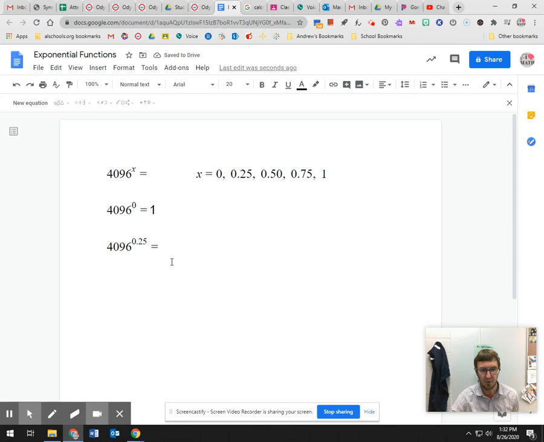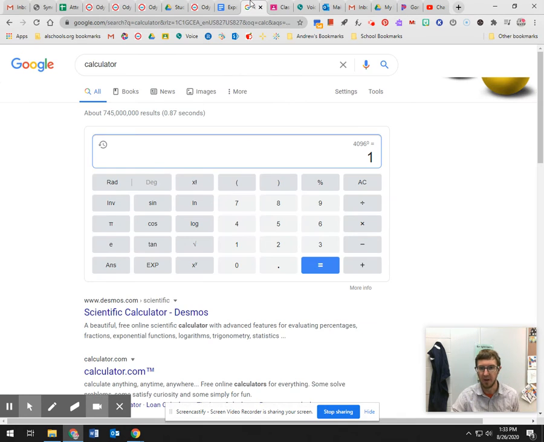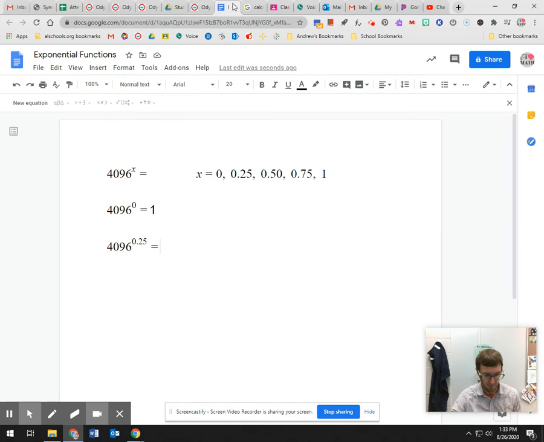And in your Odyssey-ware, all you really need to write is the answer. So you don't have to write this part here. Just put 1, enter, make a new line, and that will do the next one. 4,096 to the power of 0.25 equals 8. That's the answer for the next one, 8.